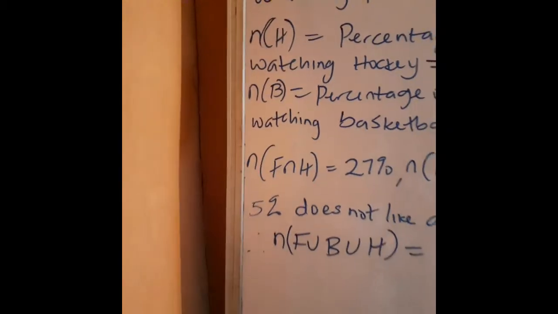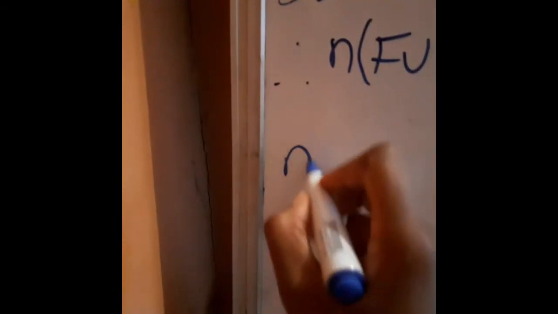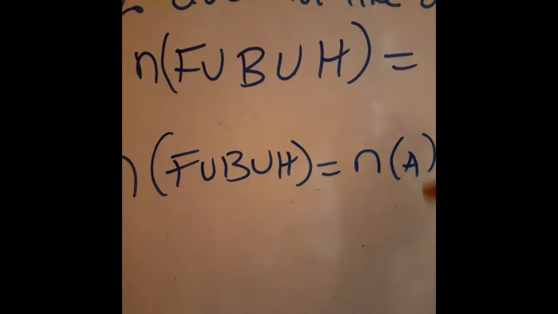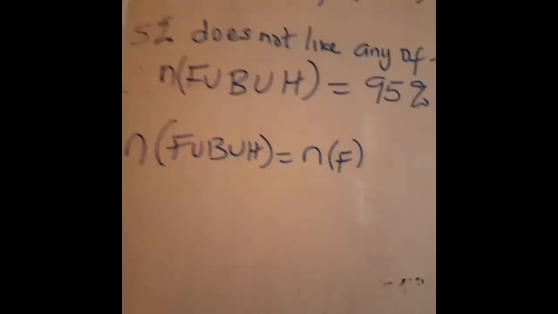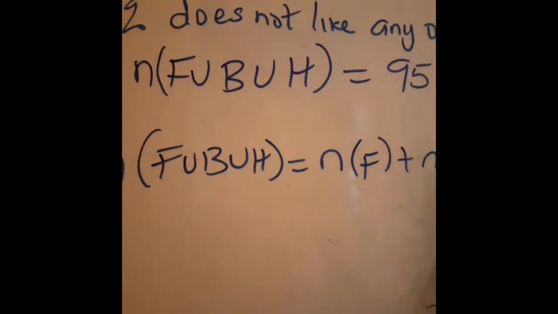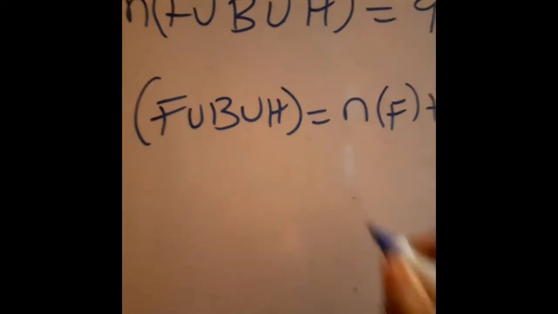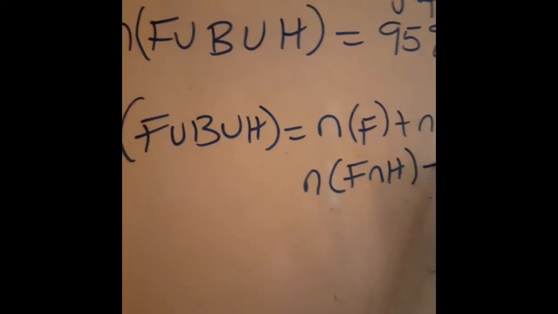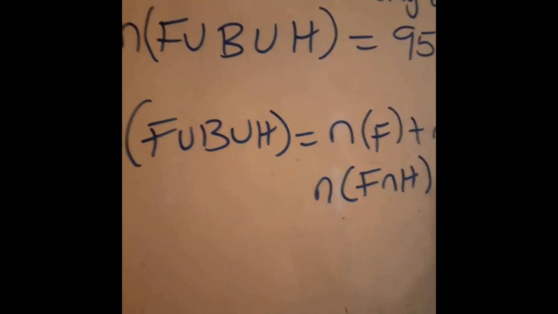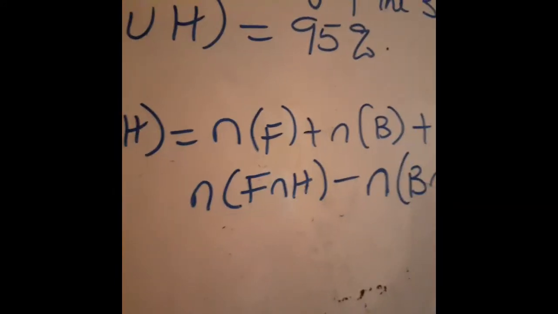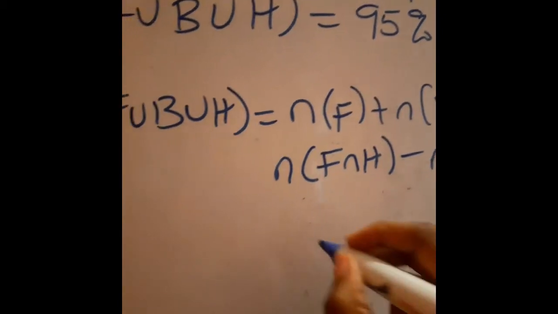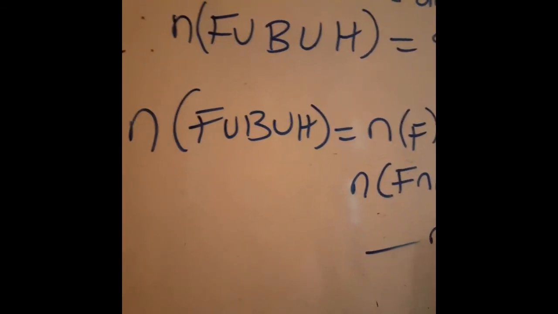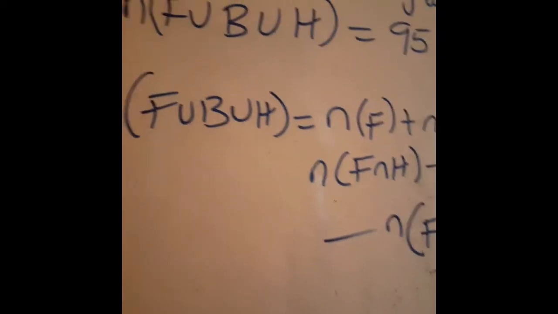So we have to get this information because we are going to use the formula that was given. The formula which says n of F union B union H equals n of A. So I don't know, I'm still using A. N of F, number of students that like football, plus number of students that like basketball, plus number of students that like hockey, minus number of students that like F intersection H, minus number of students that like B intersection H, minus number of students that like F intersection B, plus the total number, which is the one we are looking for, which is number of F intersection B intersection H. This is what we are looking for from the question.